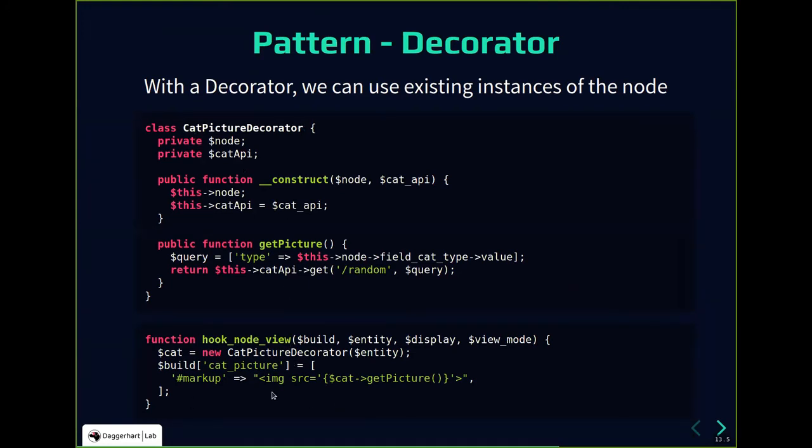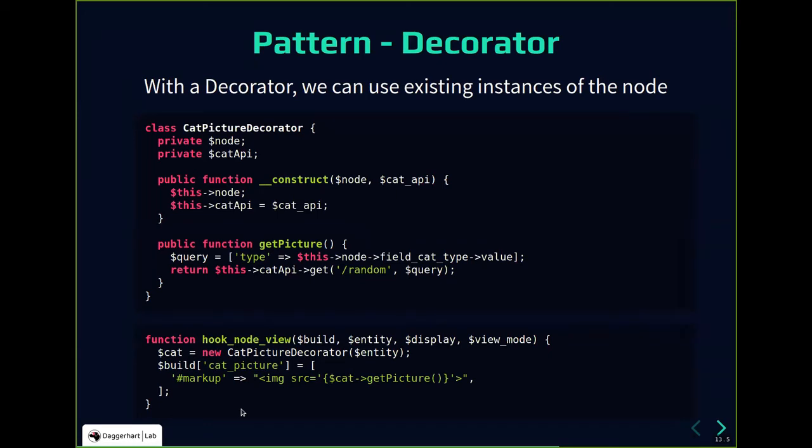And now here we are in hook node view, and we're like, oh, that entity, that's great. I don't care what its values are. I'm just going to wrap it in this really simple class that extends its functionality in just the ways I need, very simply. And now I can go get cat pictures of this cat type, or I could go do other cat related data tasks that are not the responsibility of the node itself.